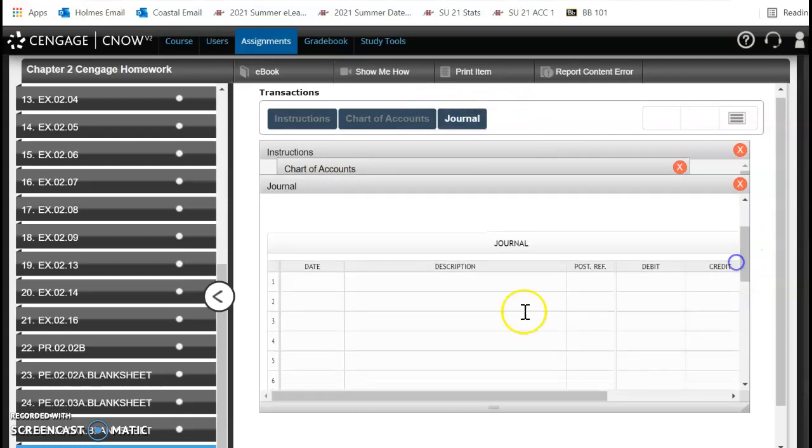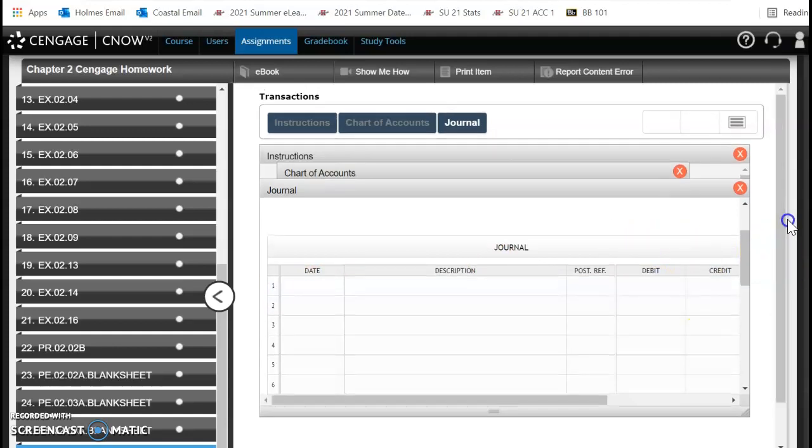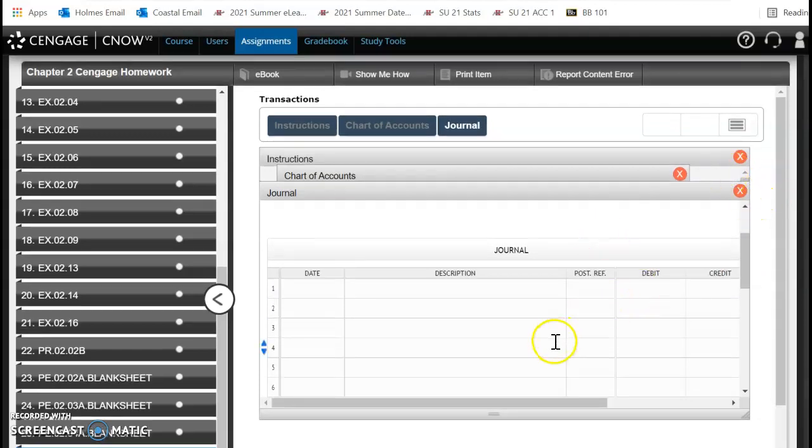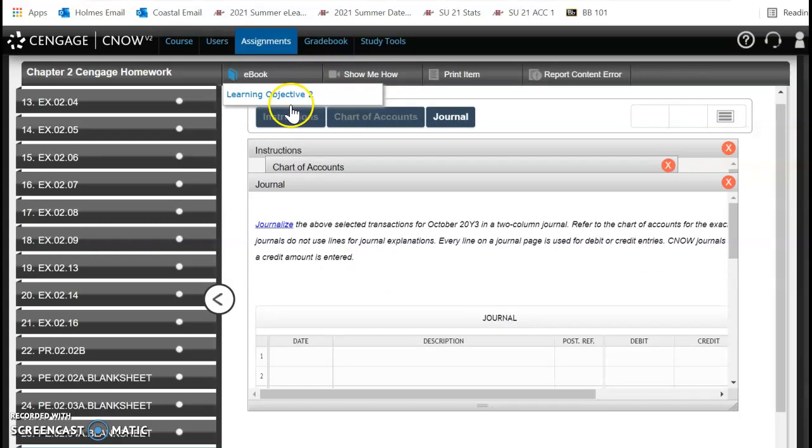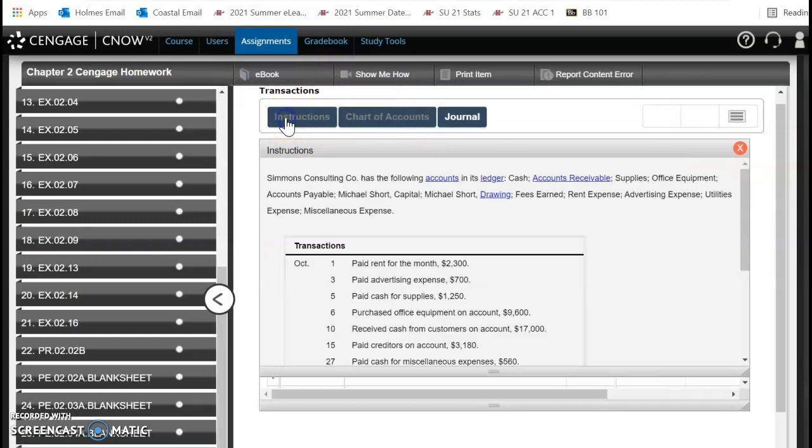And all you're going to do for the journal entry is type in the date and then type in the description, and then you're going to either do a debit or a credit for each journal entry. You don't have to do like the description. Okay, so let me just show you the first one.